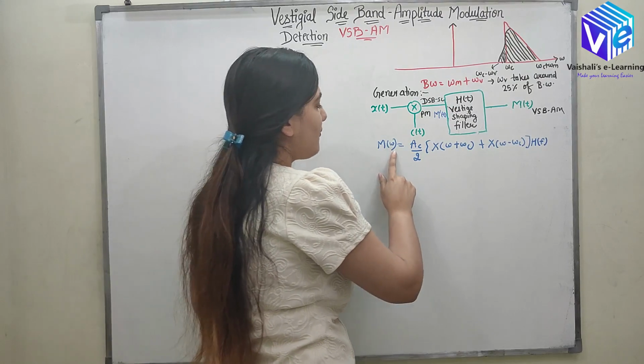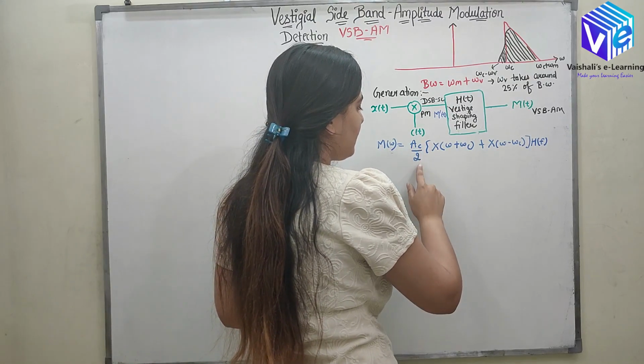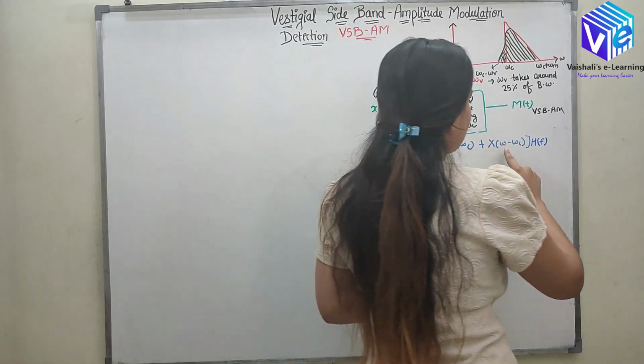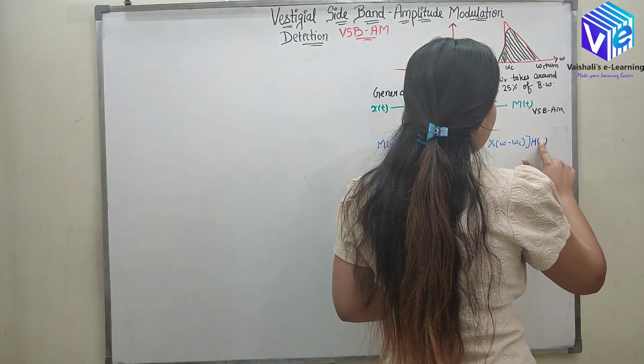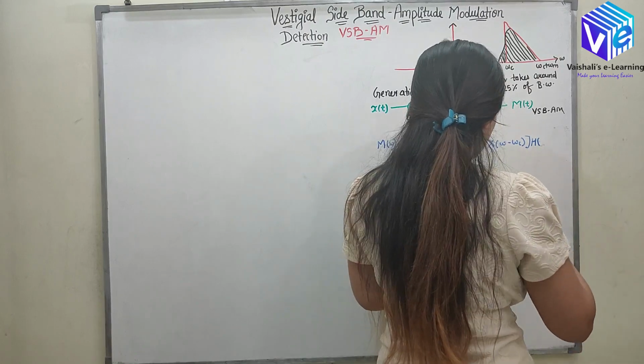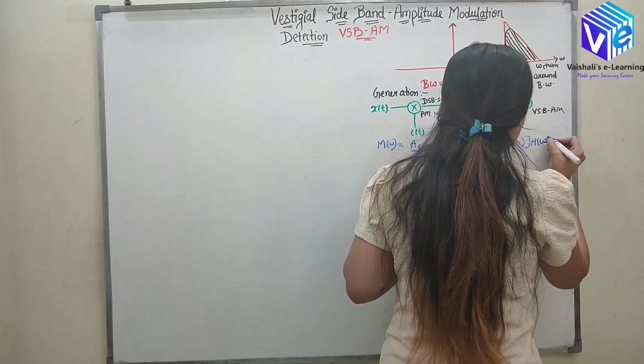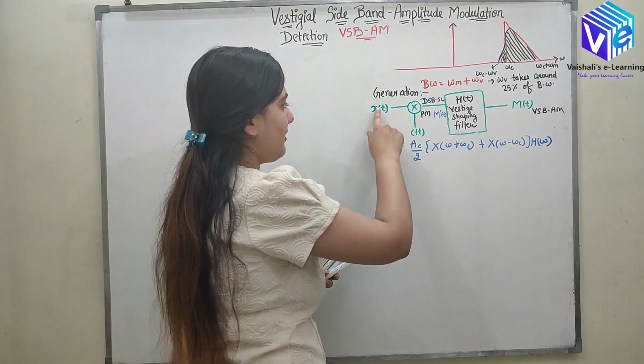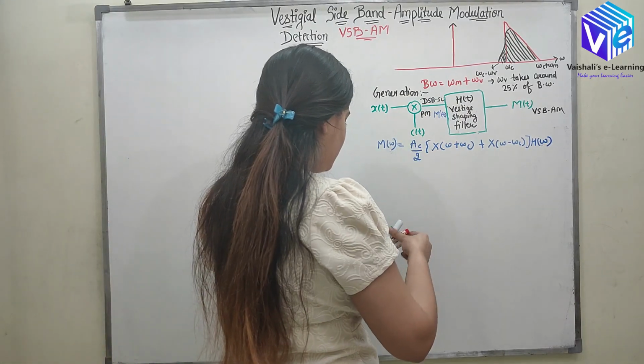So M(ω) was equal to (Ac/2)[X(ω+ωc) + X(ω−ωc)] H(ω). Let's take h also in the frequency domain, as H(ω). Now what happens here? x(t) is multiplied with c(t).